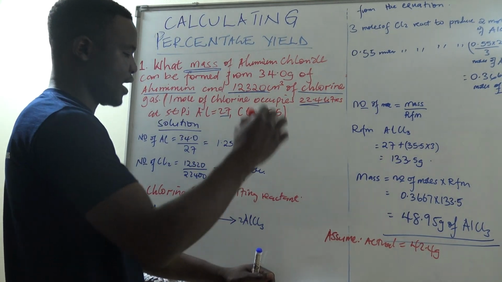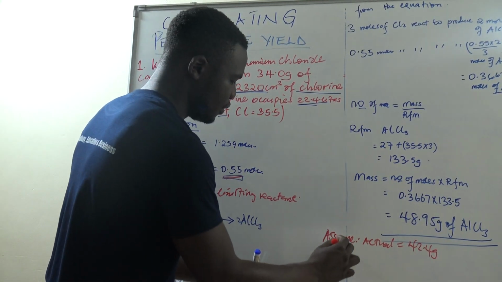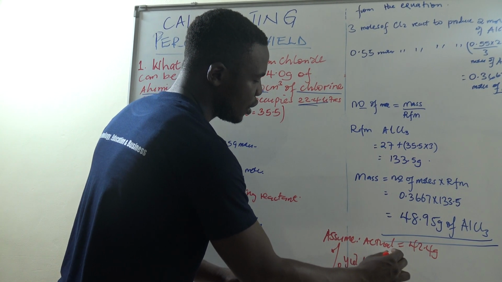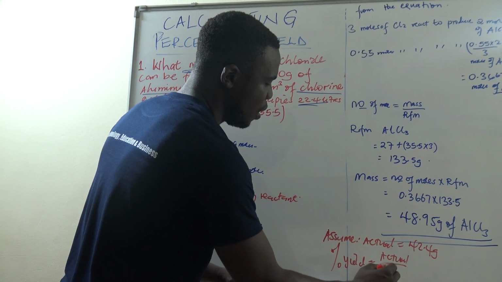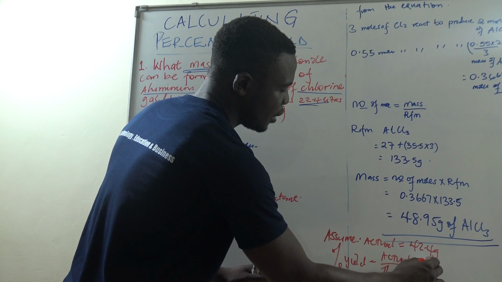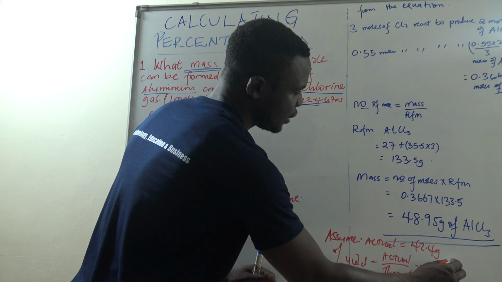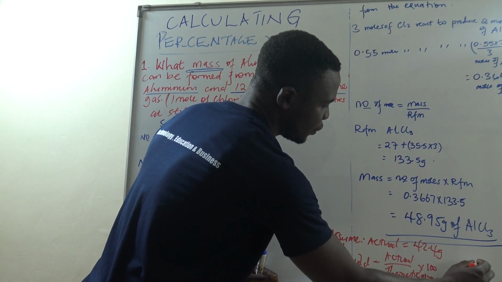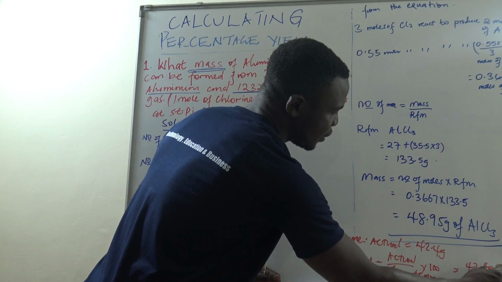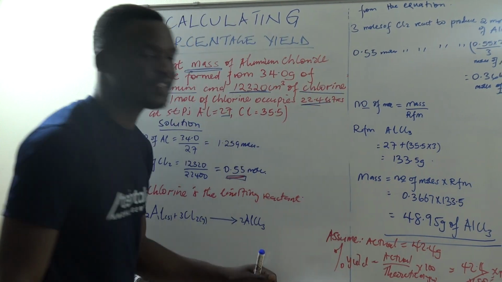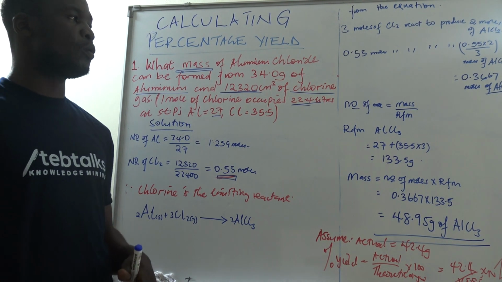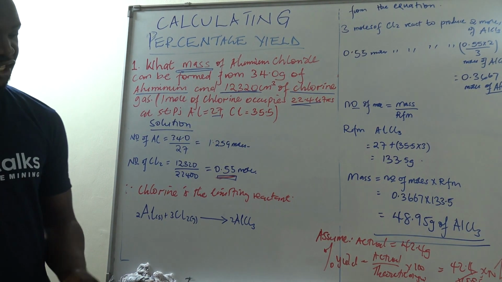Then percentage yield is equal to actual yield over theoretical or calculated yield. So this would have been 42.4 divided by 48.95 times 100. You express that as a percentage, and therefore we would have calculated the percentage yield.